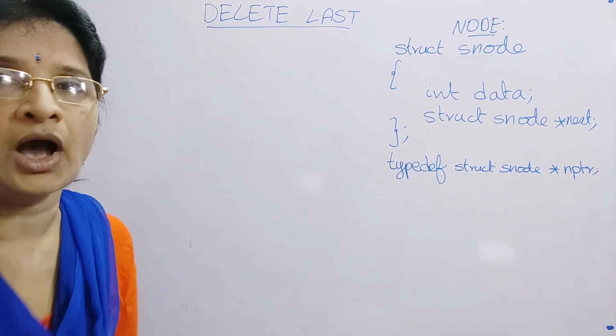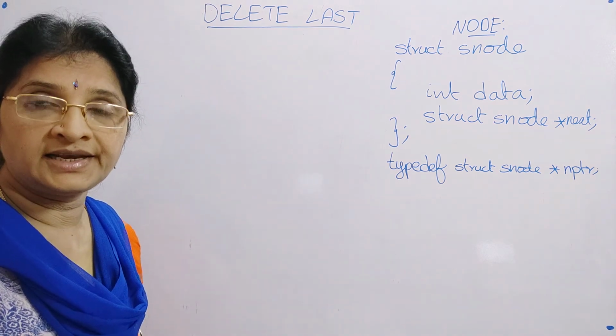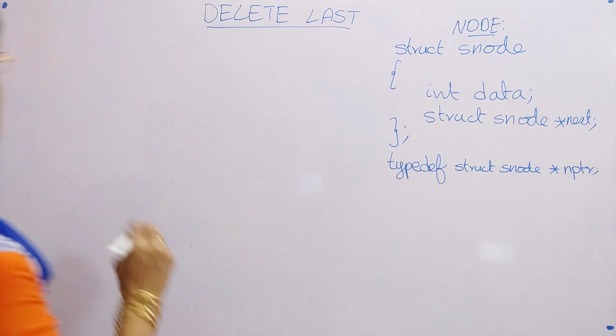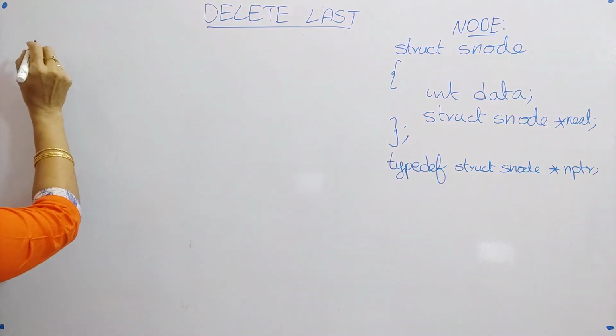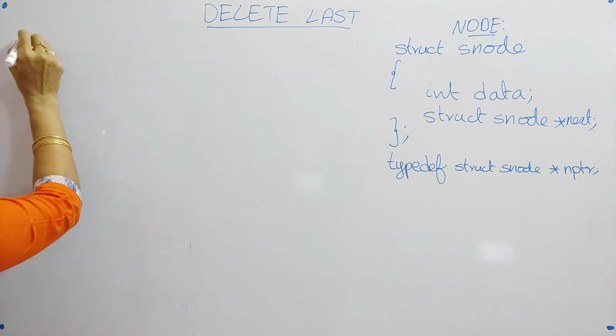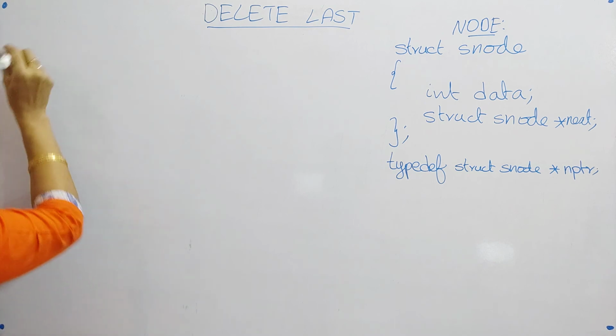Now we will see how the deletion operation will be performed in the singly linked list. Suppose here we want to delete the last node. Assume that we have a singly linked list. First of all I will write the header.